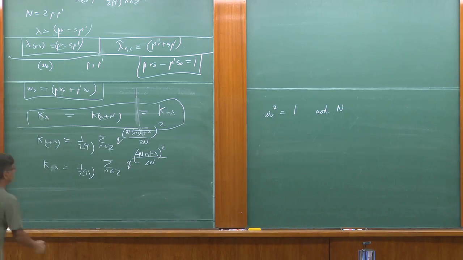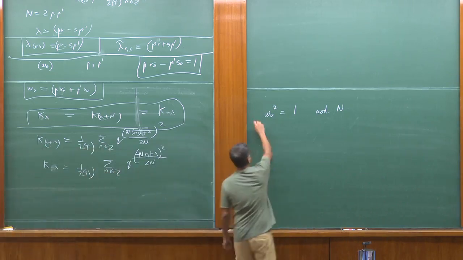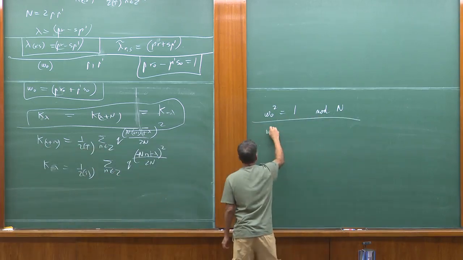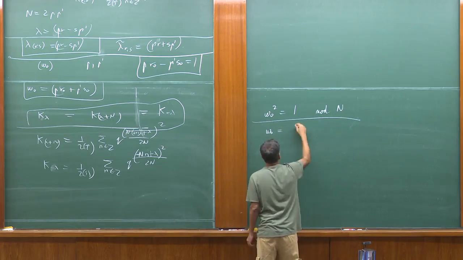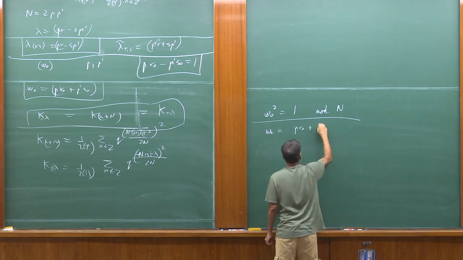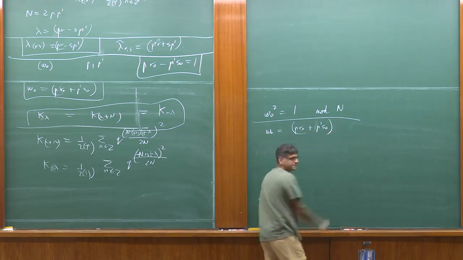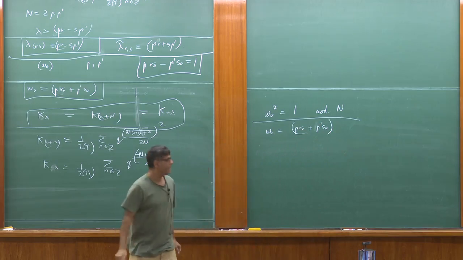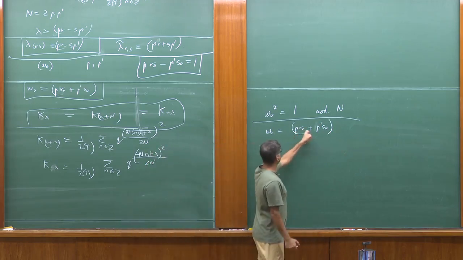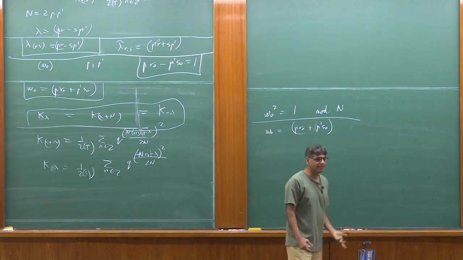Why is it true? Well, it's true for obvious reasons. Let's just write it out. Omega naught was equal to p r naught plus p prime s naught. But p r naught minus p prime s naught by definition was 1.